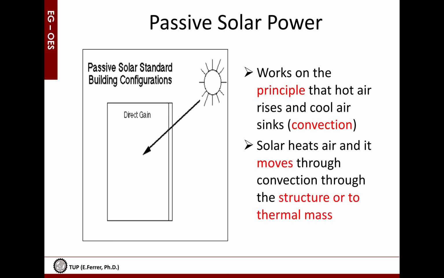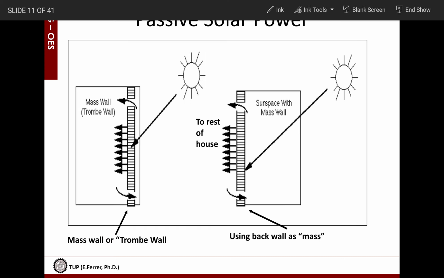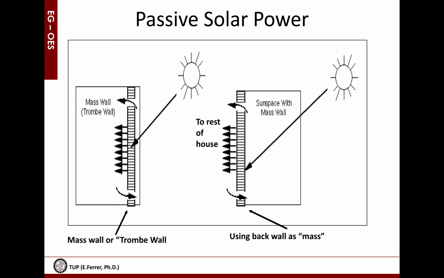And then you have the solar heat air, and it moves through convection through the structure or to the thermal mass. This is the passive solar panel.